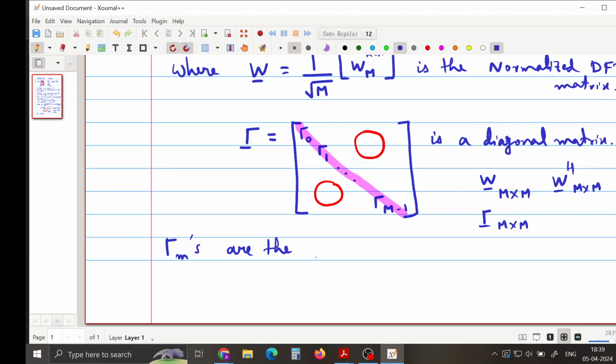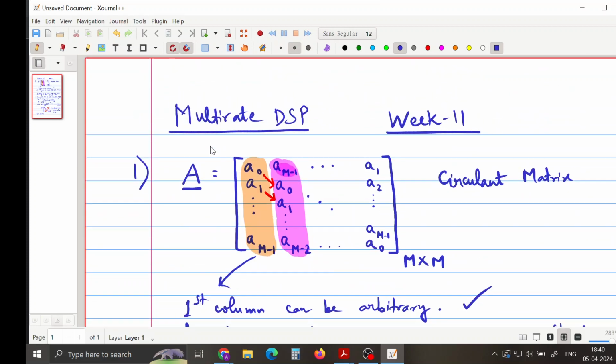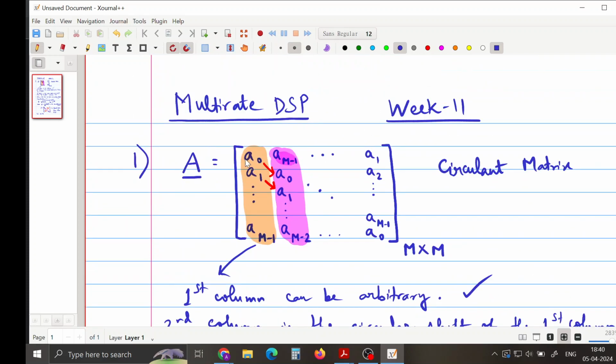So gamma m's are the DFT. They are the DFT of the first column of your original circulant matrix, which was that A matrix. So this first column, highlighted in orange color.